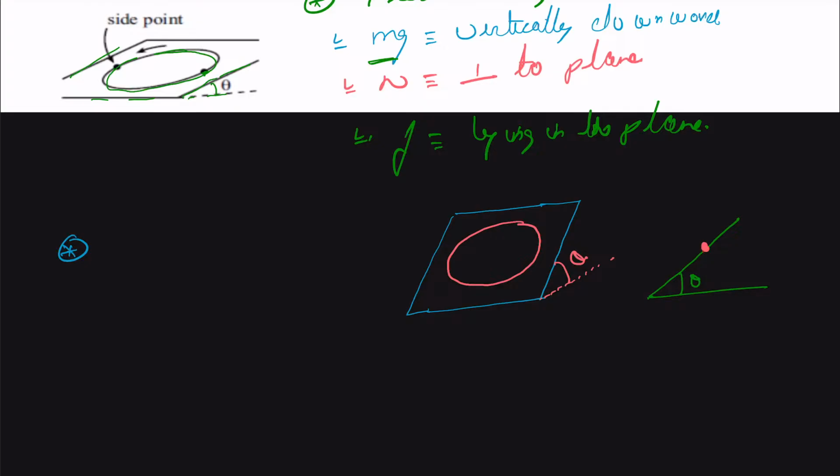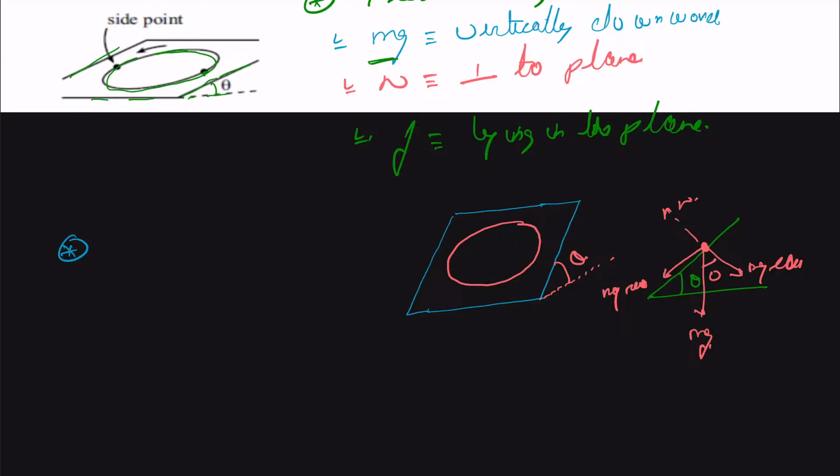So mg will be in the downward direction, and we can divide this into two components: mg cos theta and mg sine theta, and our normal N. Okay, so these are the forces with respect to mg as well as N. Therefore we can write that N is equal to mg cos theta.